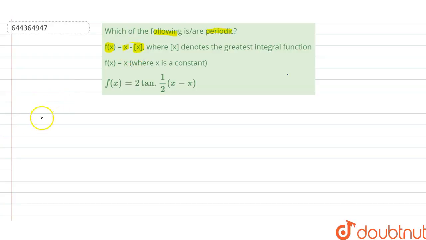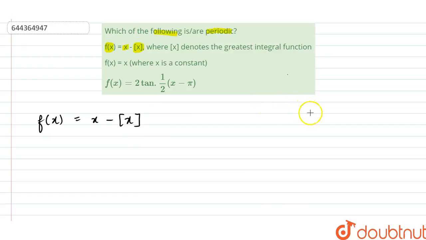We know this f of x is equals to x minus greatest integer function. Here this function acts on intervals from one integer to another integer.